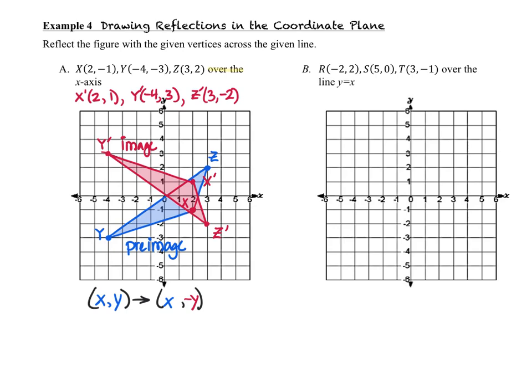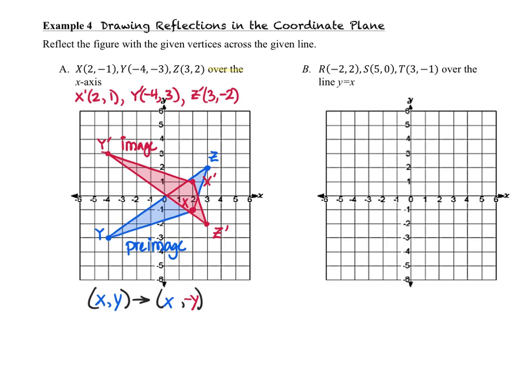What I'd like for you to do, of course, is for question B, pause the video and do exactly those same steps. First, draw the pre-image, labeling each of the points. Then you're going to figure out the mapping rule.